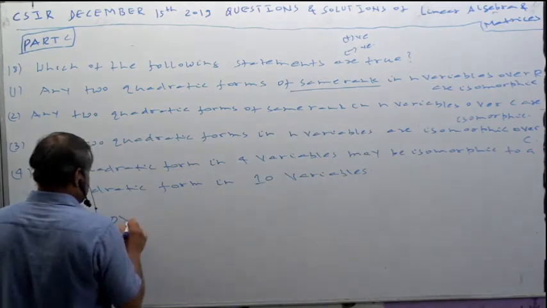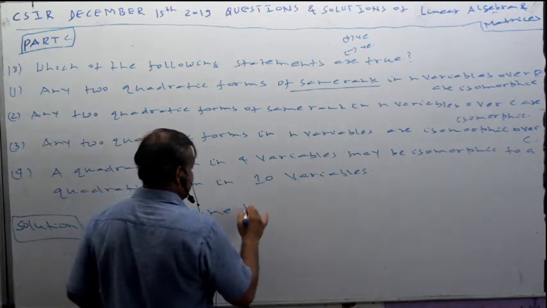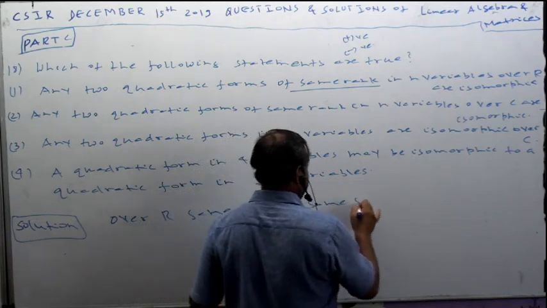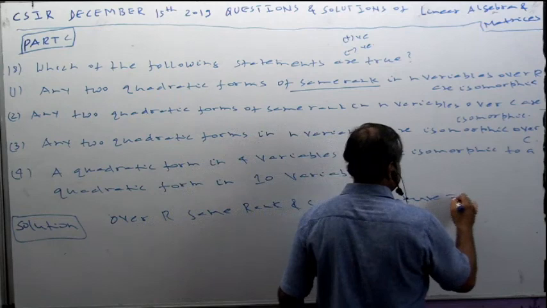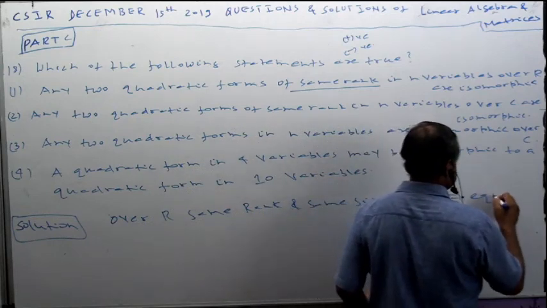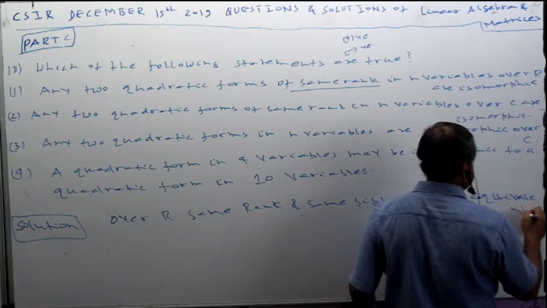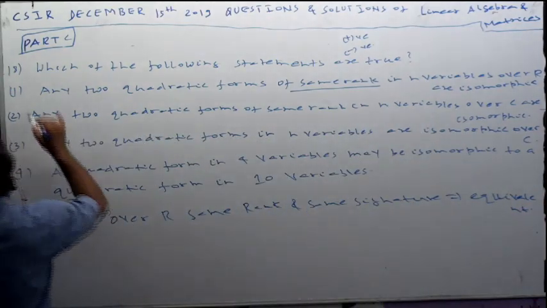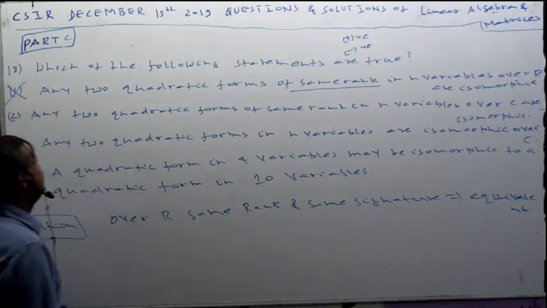So over R, same rank and same signature implies equivalent. Not only rank can justify this. So first option gone. This question has been repeated, you can say. There it was for 3 variables, it is for n variables.